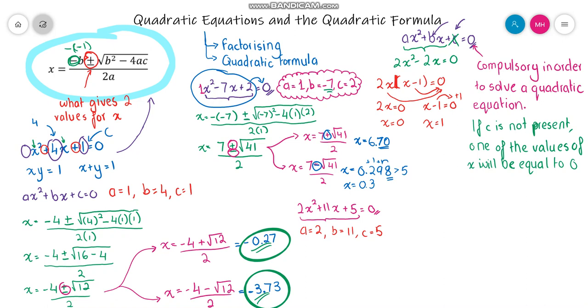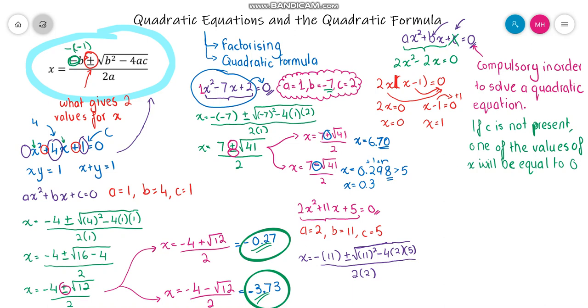We substitute that into the quadratic equation. So x is equal to, let me use purple, negative b, which is 11, plus or minus the square root of b squared, which is 11 squared, minus 4 multiplied by a, which is 2, and c, which is 5, and all of this over 2 times a, which is 2.